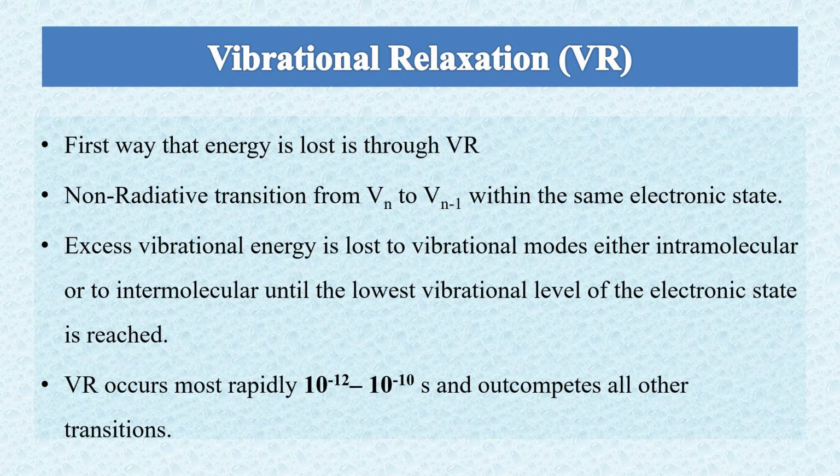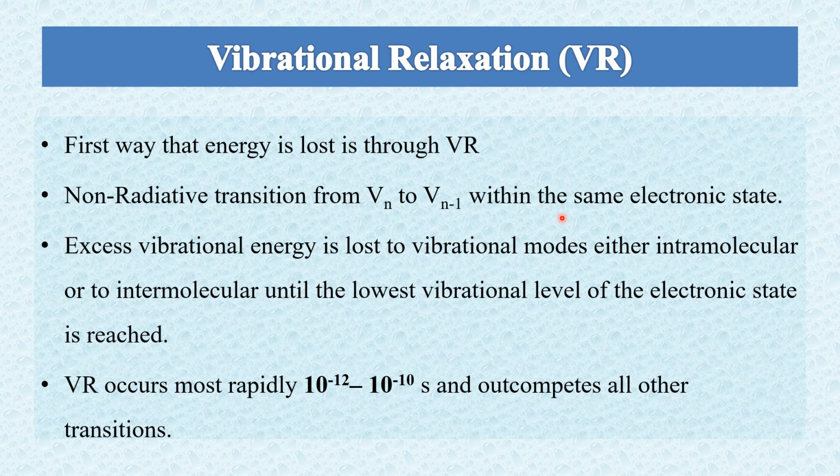What is vibrational relaxation? As the name shows, an excited electron can relax, that is, come lower in vibrational energy level. The first way energy is lost is through vibrational relaxation. It is a non-radiative transition from a higher vibrational energy level to a lower vibrational energy level within the same electronic state.